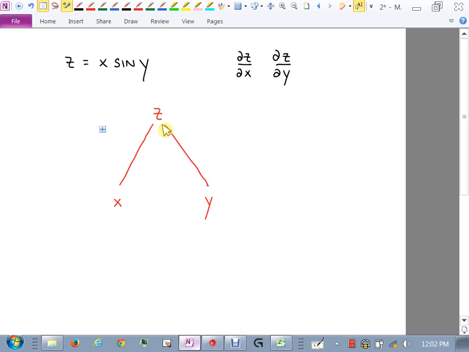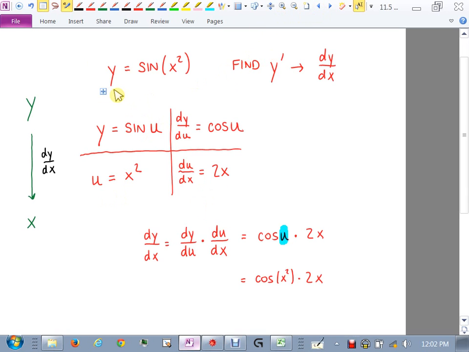Now, since z is at the top of our tree, that's the thing we're going to want the derivative of. It's just the question now with respect to what variable. Well, we have two possible variables. In the previous picture, y was at the top of our tree, and the only thing possible for us to talk about was the derivative of y with respect to x.